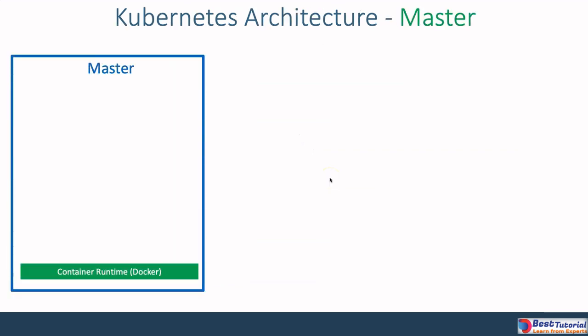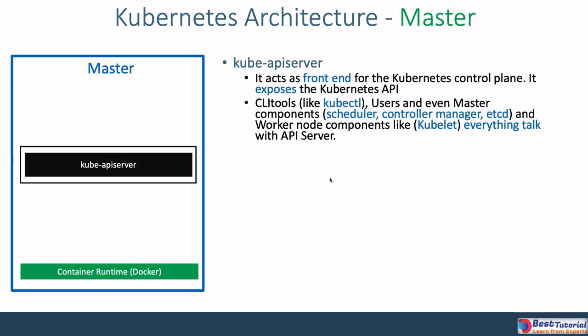Okay, so let's start with the master node, and inside that the container runtime is a default thing, which might be Docker or any other runtime. Let's start with the kube API server. It acts as the front end for the Kubernetes control plane. It exposes the Kubernetes API.